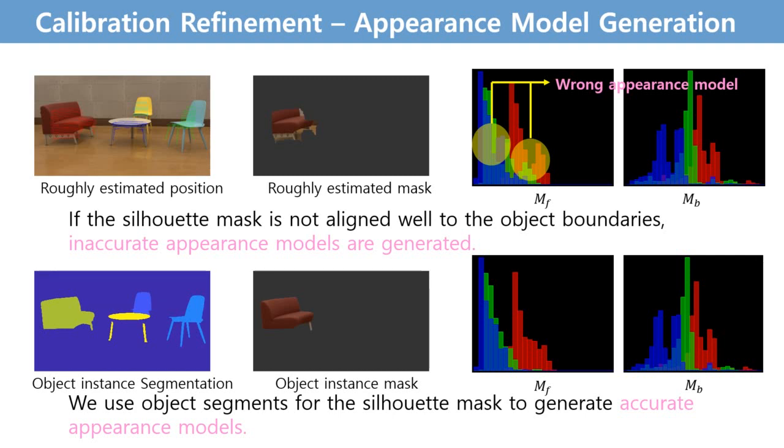Look at the top middle figure. In the roughly estimated mask, background was contained, so a wrong foreground color model was generated. But look at the bottom middle figure. In the object instance mask, background was not contained, so a more accurate foreground color model was generated.